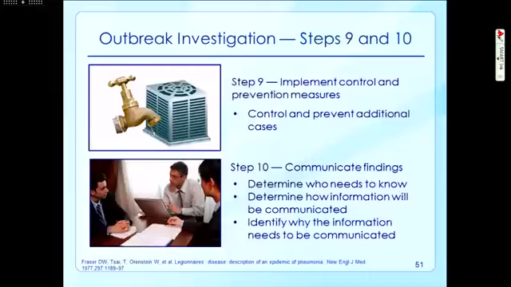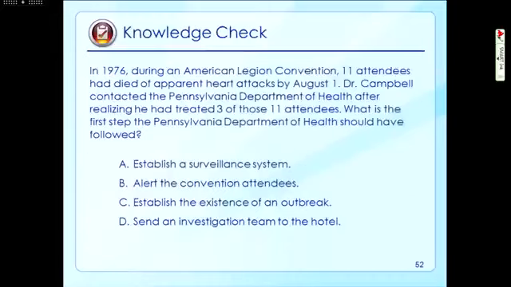The findings are also written up in reports that generally contain an introduction, a background, methods, results, a discussion, and finally recommendations. And these reports serve not only as a record of the investigation, but also as a tool for future investigators and as a contribution to the scientific knowledge base.